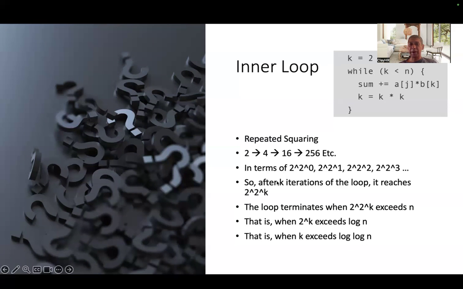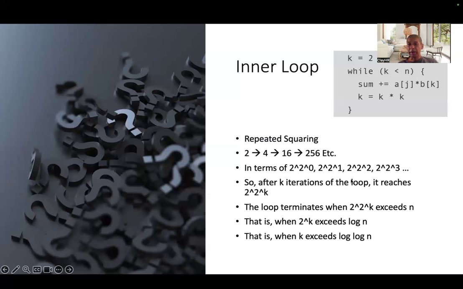Once we observe this pattern, we see that after k iterations of the loop, it reaches 2 power 2 power k. So the loop will terminate when 2 power 2 power k exceeds n. By taking log on both sides, we can say when 2 power k exceeds log n, and taking log again, when k exceeds log log n.